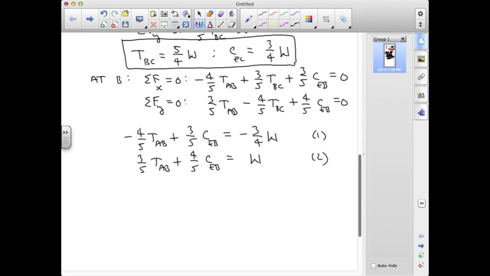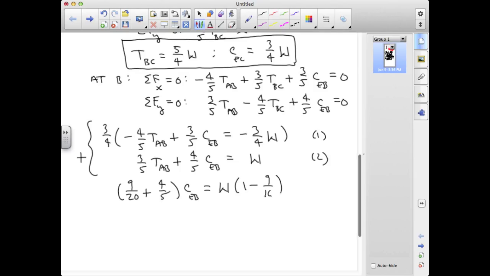Again, there are many ways to solve these kinds of problems, but what I'm going to choose to do is to take my first equation, multiply it by 3/4, and add that to the second equation, which will result in the TAB term going away and will give me 9/20 plus 4/5 CEB equals W times the quantity 1 minus 3/4 of 3/4, or 1 minus 9/16, which gives me 7/16 times W. This fraction is 9/20 plus 16/20, which is 25/20, which is also 5/4 CEB.